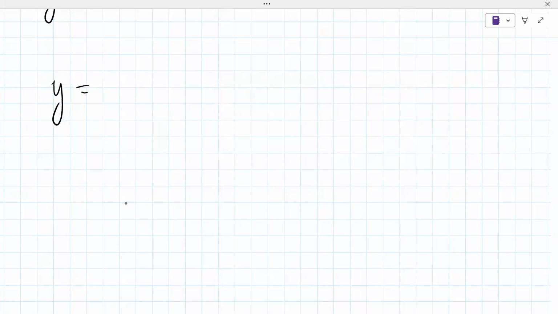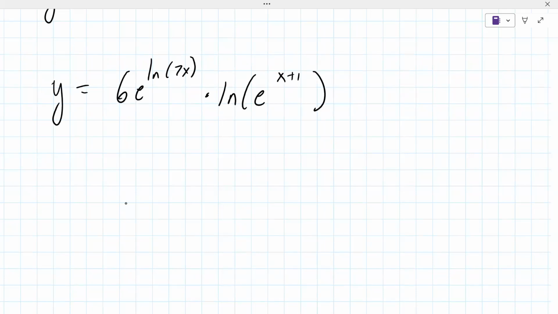Okay, let's go 6e to the natural log of 7x times the natural log of e to the, let's just go x plus 1. So could you attempt to simplify this first? 42x times x plus 1.